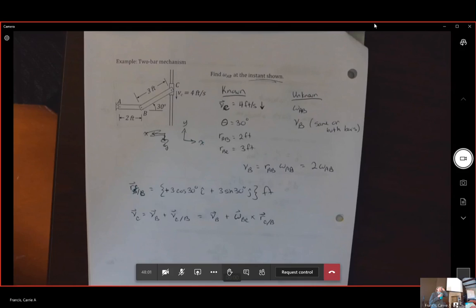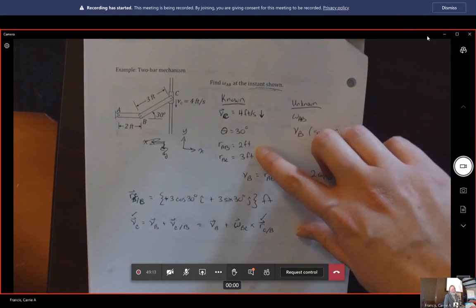So we do know that term. And we've defined RC with respect to B. What else do we know? Do you know the length of the bars? Okay, so we've got the lengths of the bars.